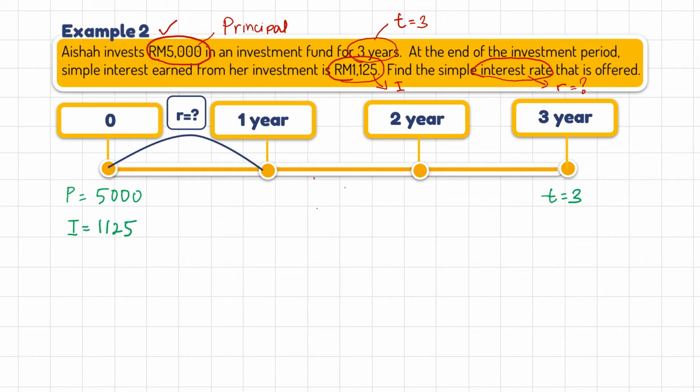And then the one that we need to find is R. Again, our formula for capital letter I is equals to P times R times T. Our I is 1,125. Our P is 5,000. Our R is the one that we need to find, and our T is 3.